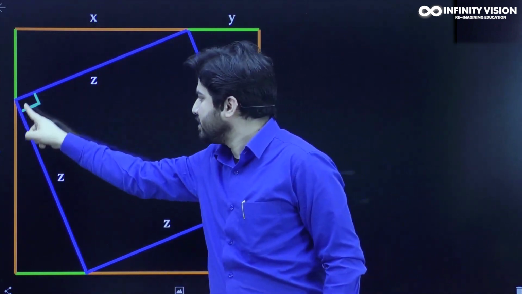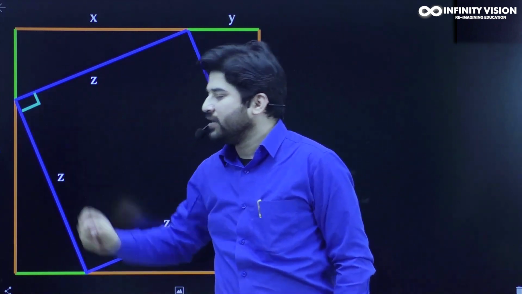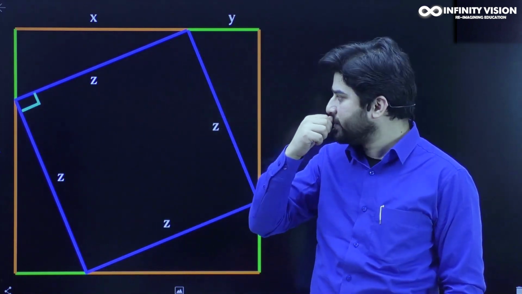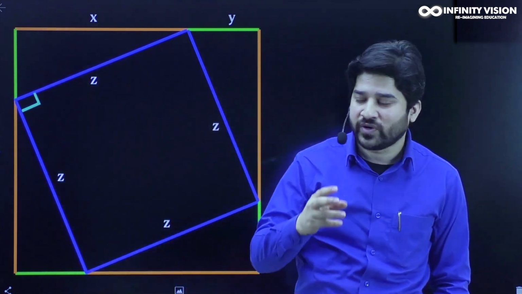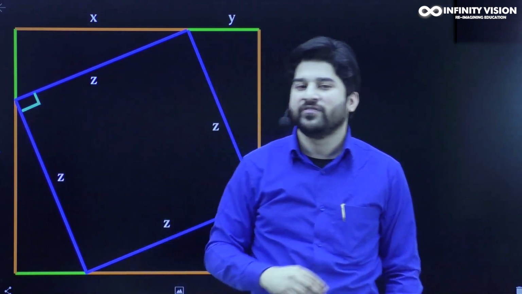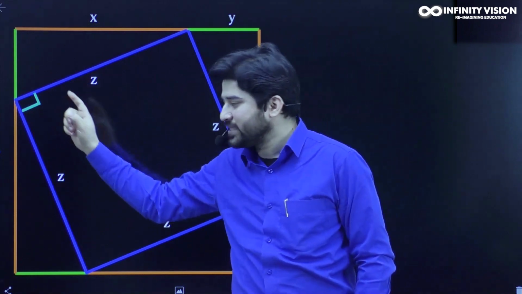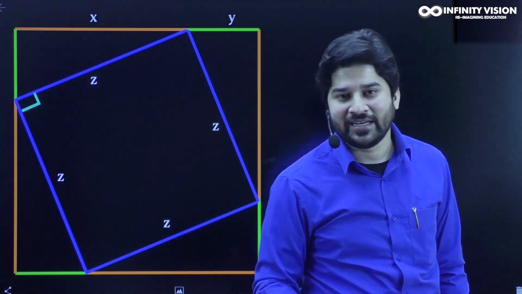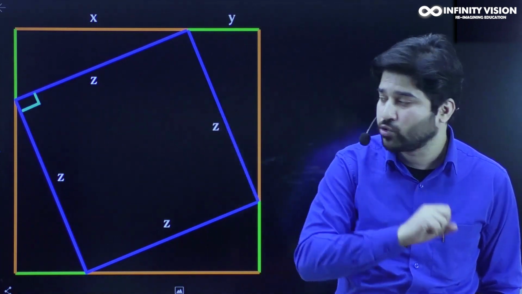So this is A, this is B. So A plus B is 90 degrees, and this is the angle which is being contained by the quadrilateral or the rhombus. Now you see this is a straight line and the angle in a straight line is 180 degrees. So A plus B plus 90 will definitely make it 180 degrees. So we can say this rhombus has each angle as 90 degrees. So we can say definitely this rhombus is nothing but a square.